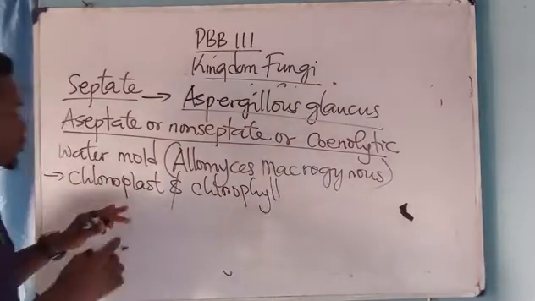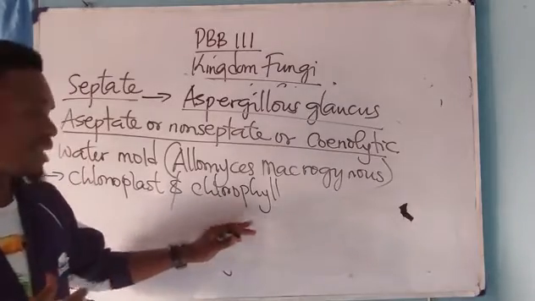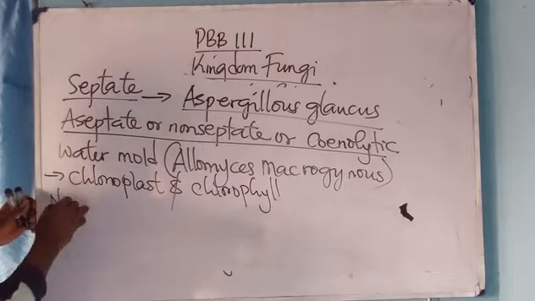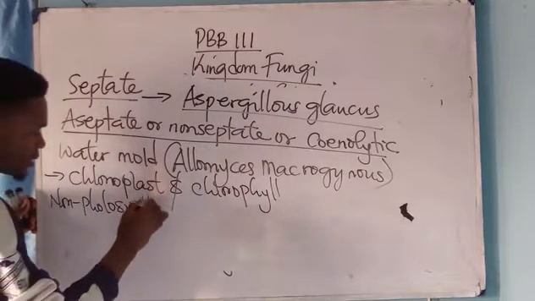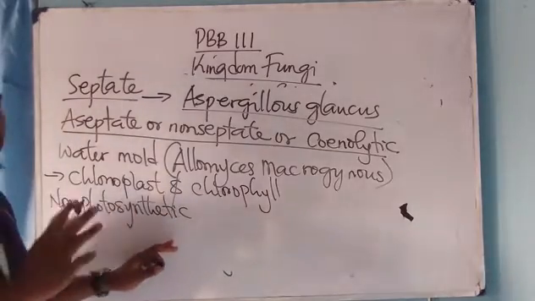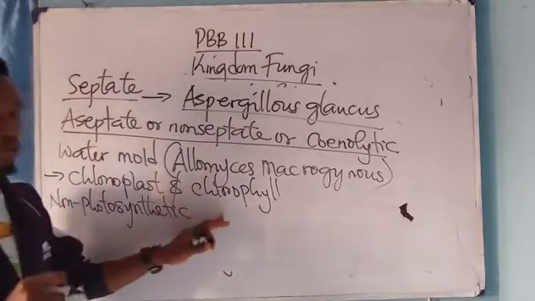They do not have chloroplast, neither do they have chlorophyll, which means that they are non-photosynthetic. They are non-what? Photosynthetic in form. That is, they cannot produce their food since they lack what? Chloroplast and what? Chlorophyll.